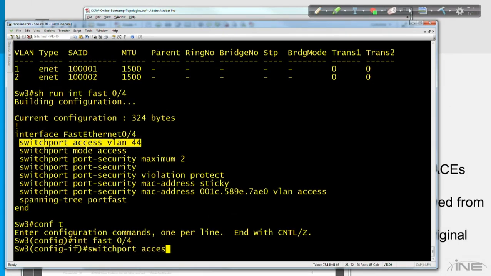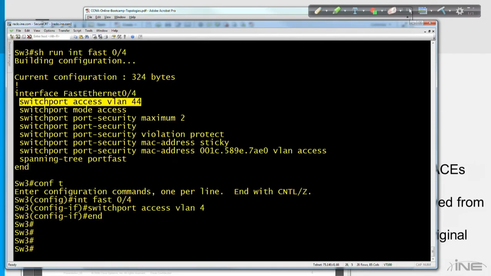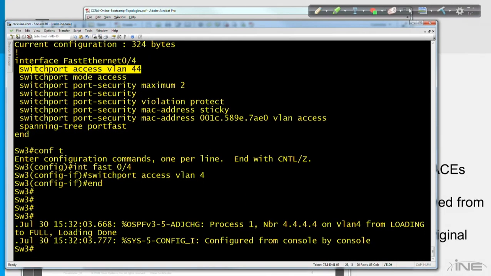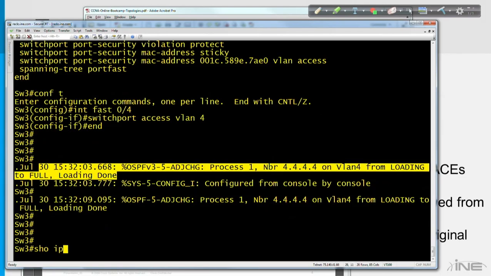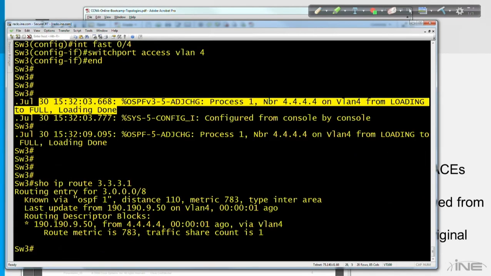Switch port access VLAN 4. And there we go. Just got my OSPF neighbor relationship up. Show IP route 3331. He now has an OSPF route to that.